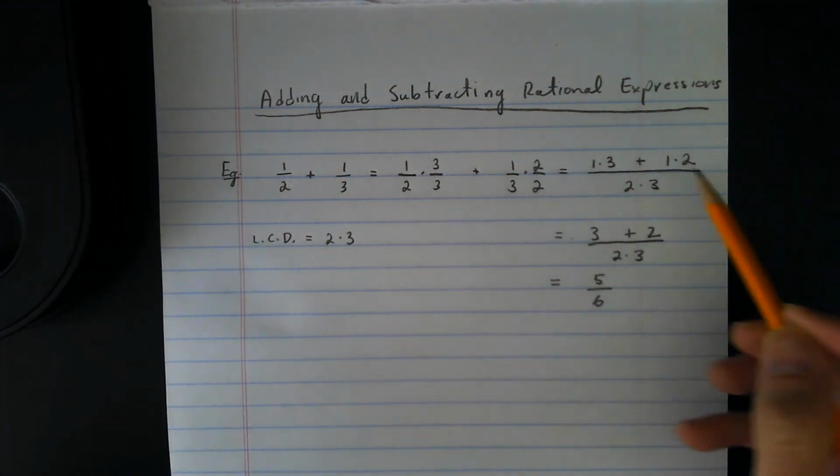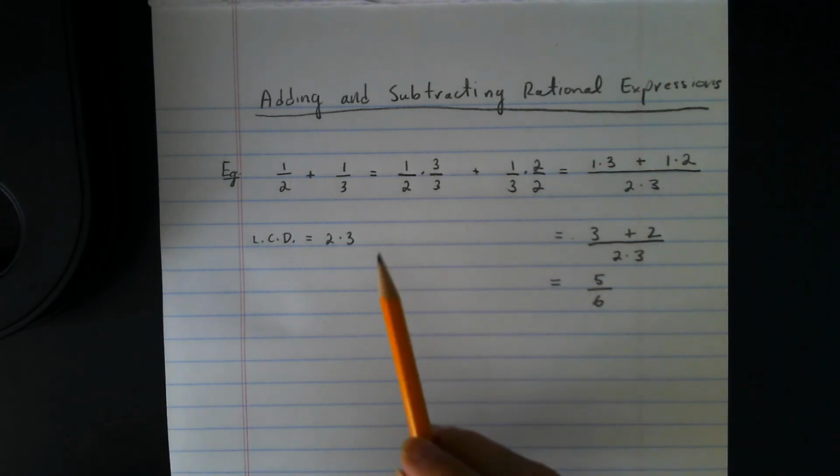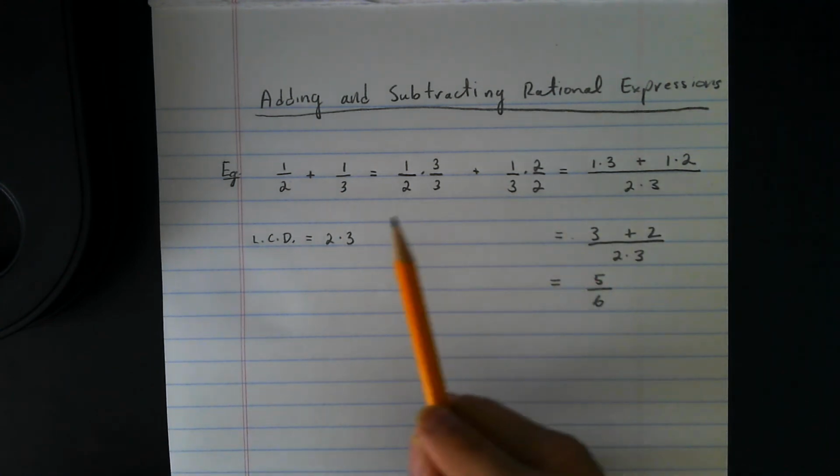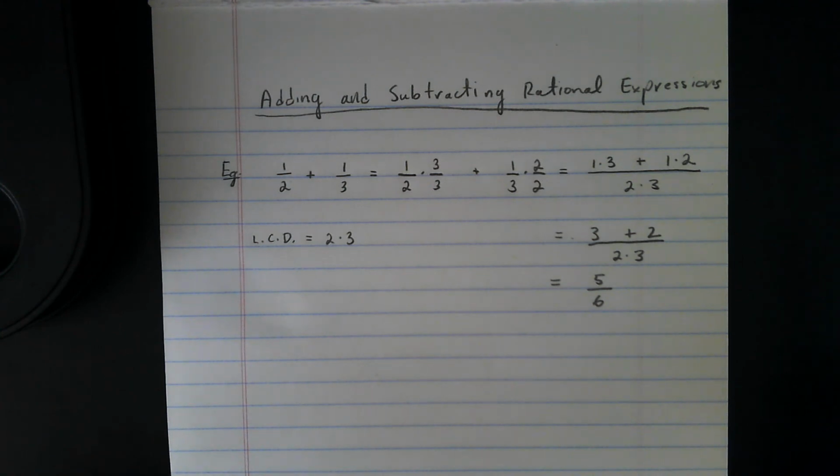Okay, so I wrote some extra steps here. Most people wouldn't take this many steps to evaluate this, but the pattern is very similar when we're doing it with rational expressions.